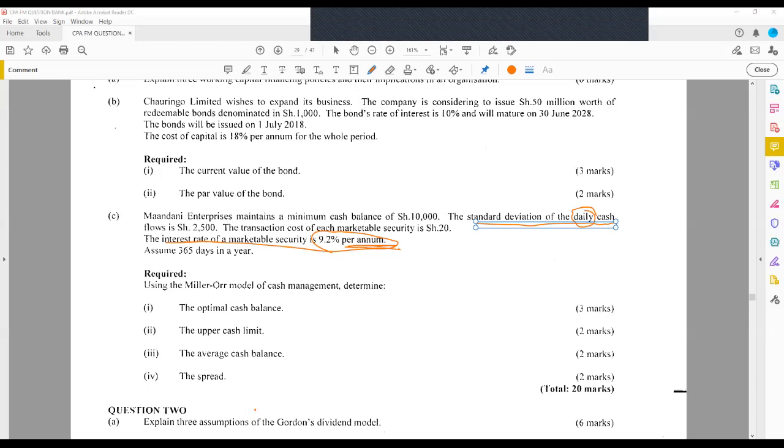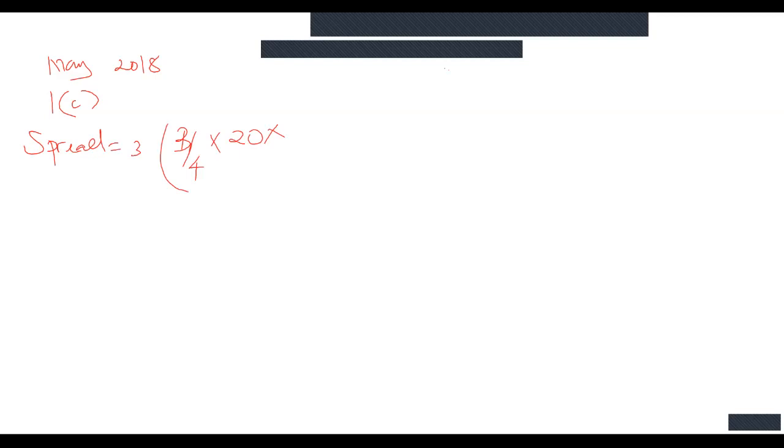Now we know those variables, we can therefore get the spread. The spread will be equal to 3/4 times the cost of transaction, and the cost per transaction is 20 shillings, okay? So 20, we multiply by the variation of cash flow, which is 2,000.